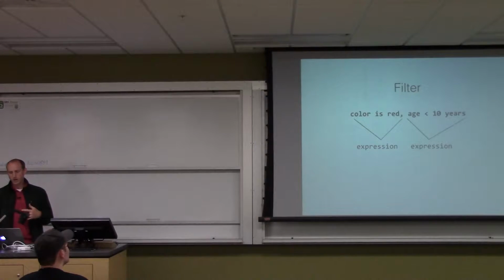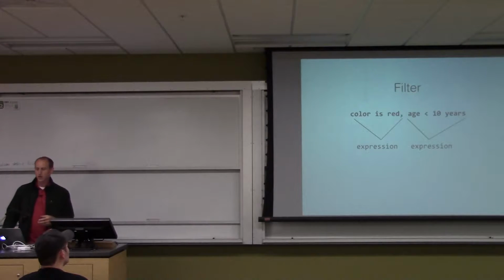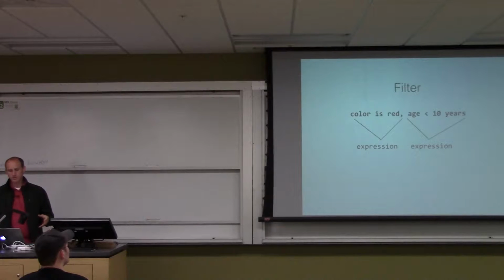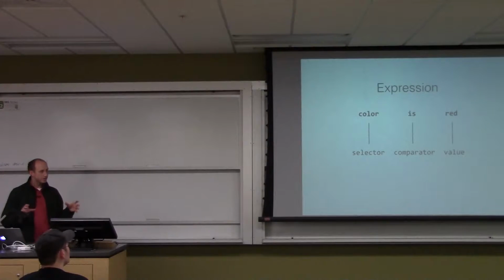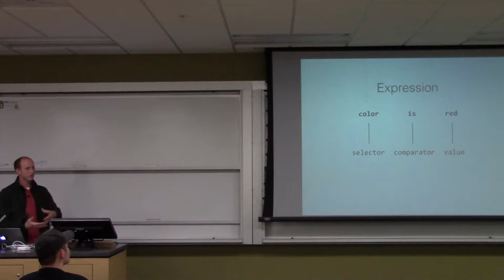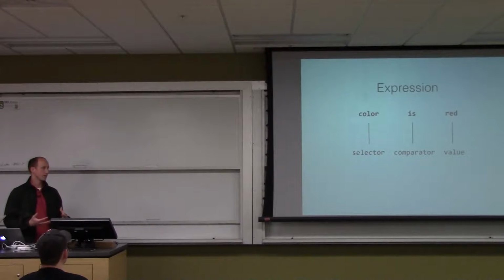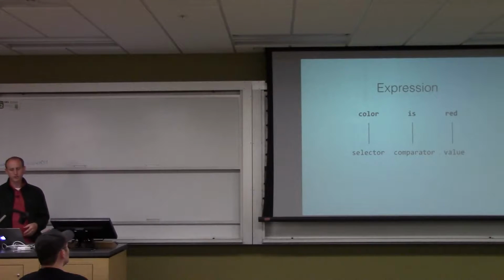So that's what I'm going to call them, at least. We'll call those expressions. We could call them whatever we want, really. And if we look at an expression closer, we can break it down into its constituent parts. This is what we're going to do. We're going to keep breaking this down until we get to a basic building block that's the leaf node of our grammar, really.